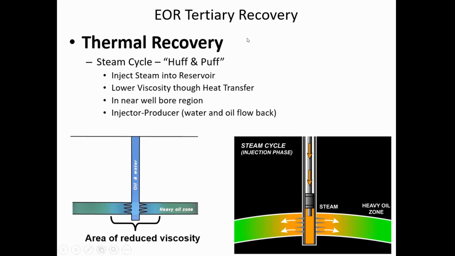How much is the temperature of the steam? It's about 560 degrees centigrade. Very hot steam. What's the pressure of it? The pressure could be up to 35 bars, high pressure. And I inject it inside the reservoir, inside the oil zone.